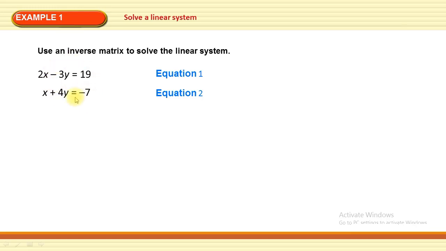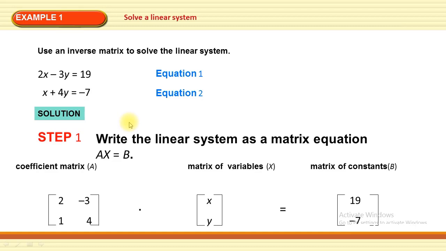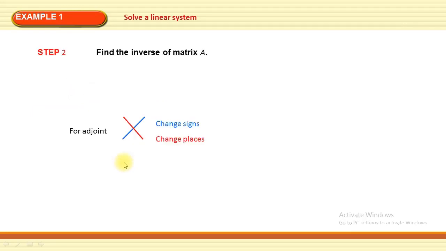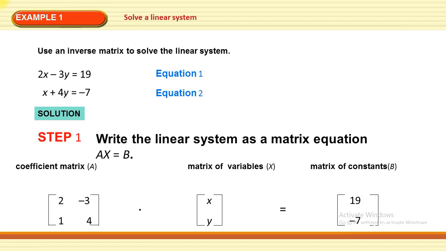To find the solution of this system, first write this system in matrix form, AX is equal to B, where A is the coefficient matrix, 2 minus 3, 1 4, and X is the matrix of variables. There are two unknown variables, x and y, and this is equal to the matrix of constants. The constant matrix is 19 minus 7.